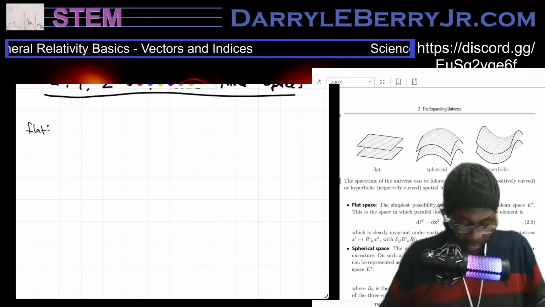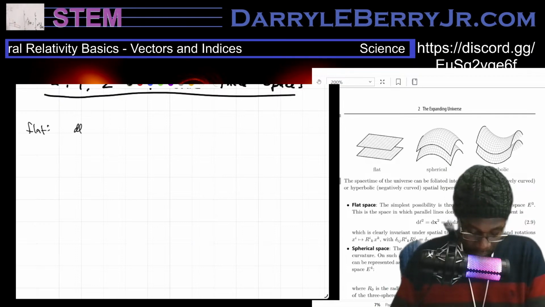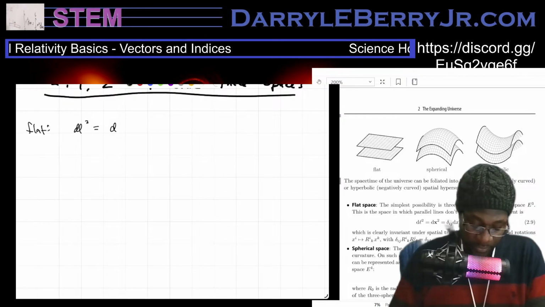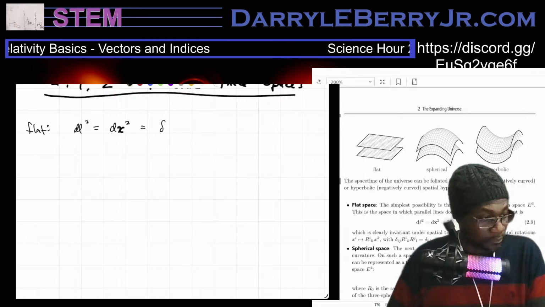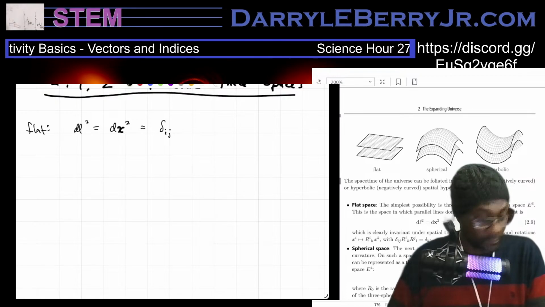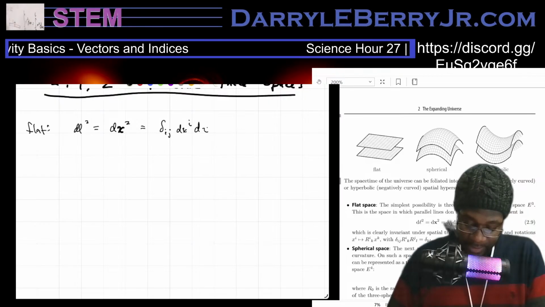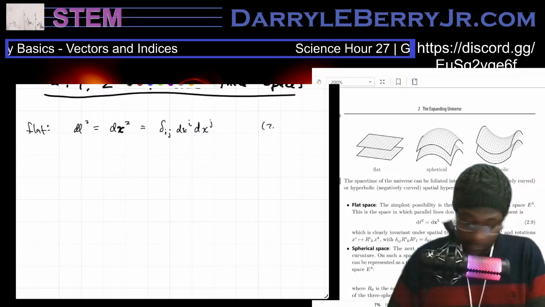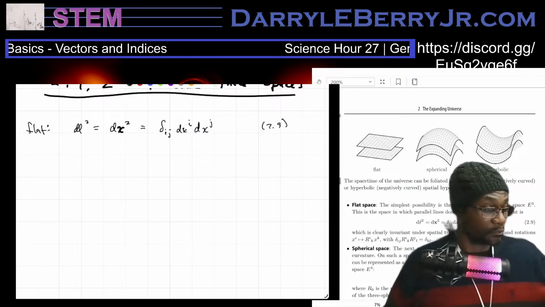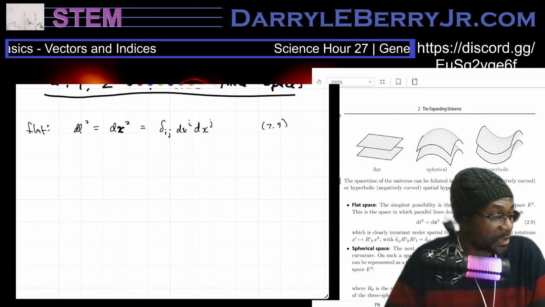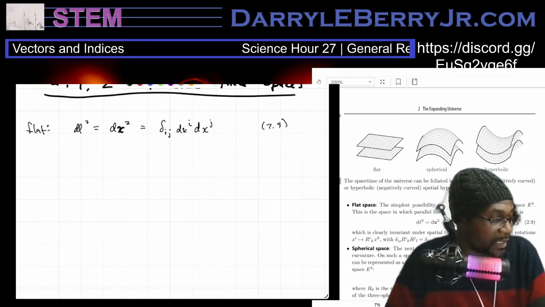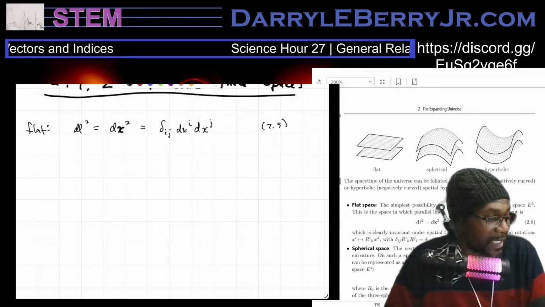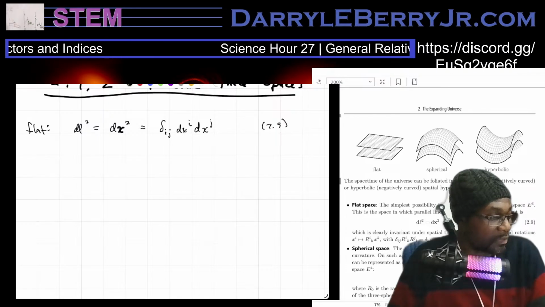Its line element is dl squared equals d x vector squared, which equals the Kronecker delta ij dx^i dx^j, which is clearly invariant under spatial translations, so x^i to x^i plus a^i, and rotations, x^i to R^i_k x^k, with Kronecker delta ij R^i_k R^j_l equals Kronecker delta kl.